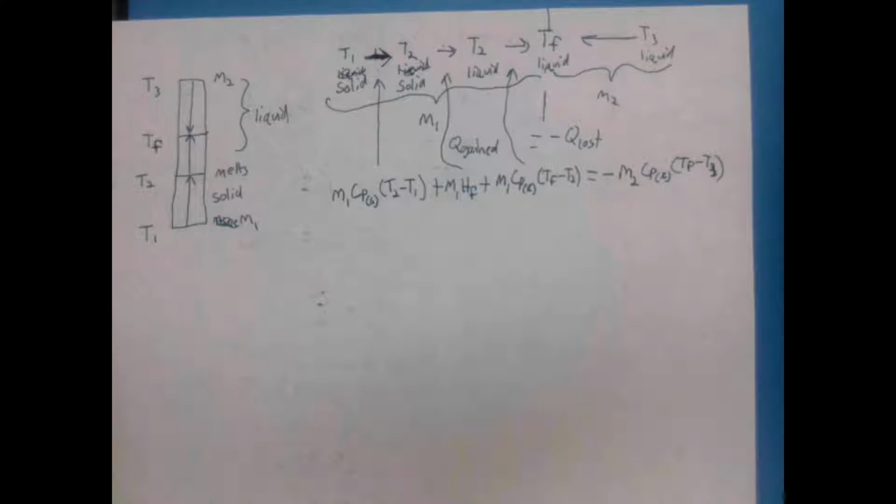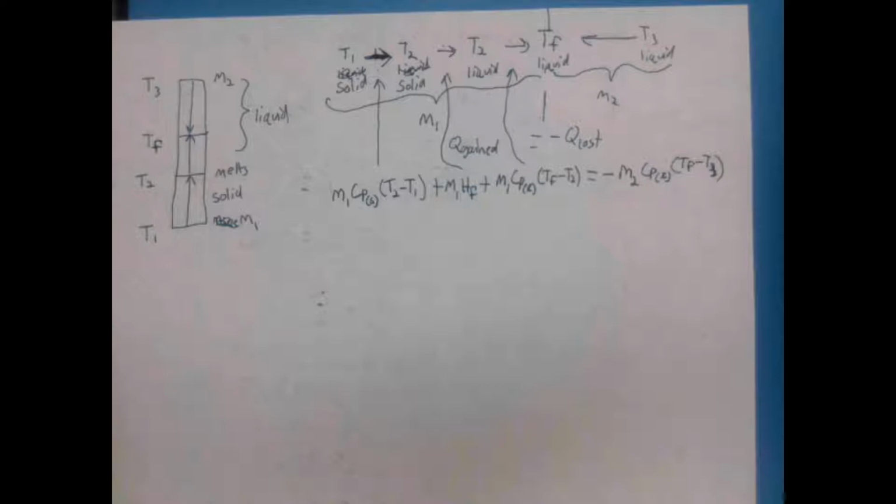And so what we get is mass 1. And let me come over here and make this even more generic. Since the left side is going to be our first object, I'm going to put 1s by the CPs. I'm going to put 1 by the HF. I'm going to put a 2 here. This handles the situation where we're putting not water, not frozen water, but something else.